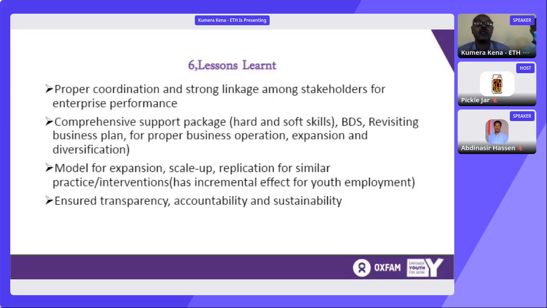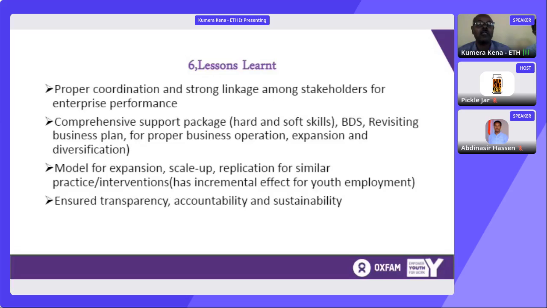This is the most important lesson that we learned for the best performance of youth business groups and for their future operation. The other one is a comprehensive support package, which includes hard and soft skills, BDS, and revisiting or revising their business plan for proper business operation, expansion and diversification, which is also important for future operation of these youth business groups.